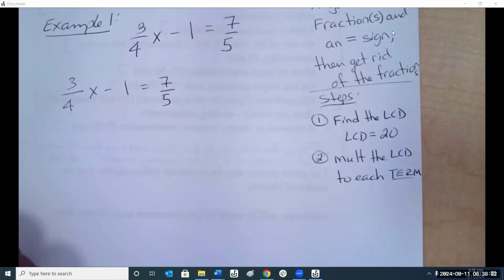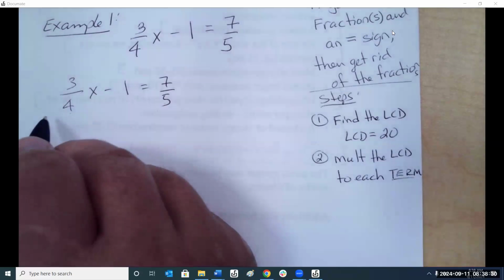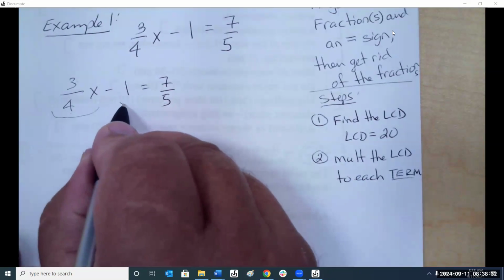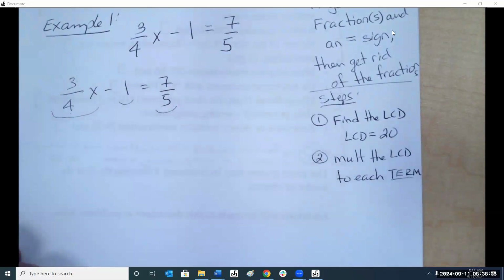Say 3. Why? 3 over 4x is the first term. The second term is negative 1, and the third term is 7 over 5. We have 3 terms. A term is anything separated by plus, minus, or equals. And it doesn't count if the plus or minus is inside parentheses, because if it's inside parentheses, that's one number.